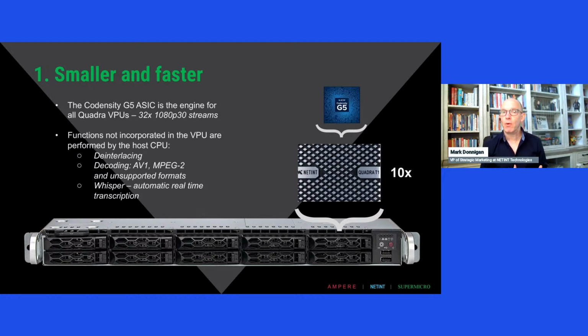Maybe there's some other format that we don't support in the silicon that can run in software. And we're going to show you some performance results that are quite amazing, because the host CPU is practically idling even while the VPUs are fully loaded. So that is a really amazing advantage of this particular architecture.